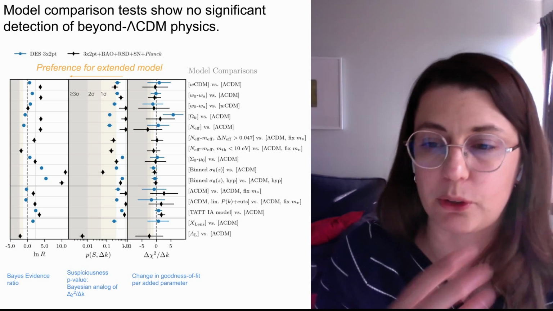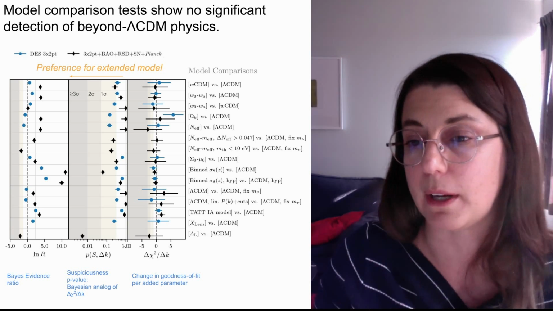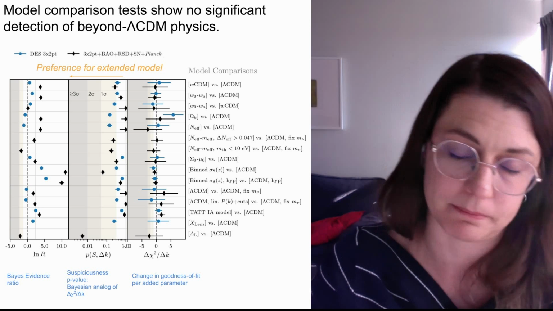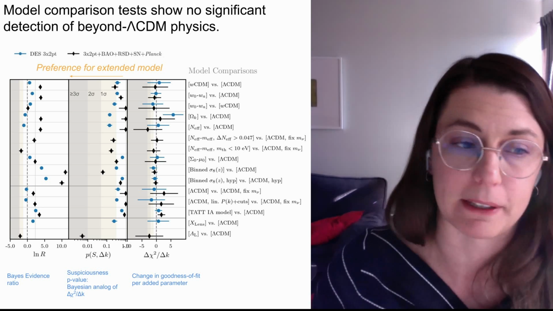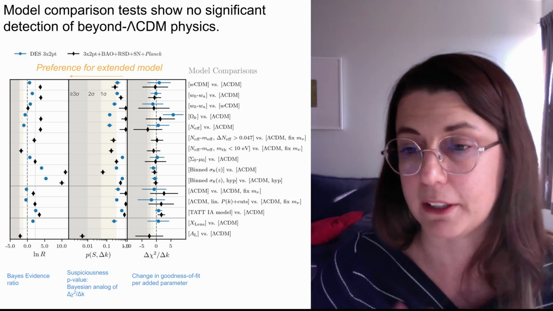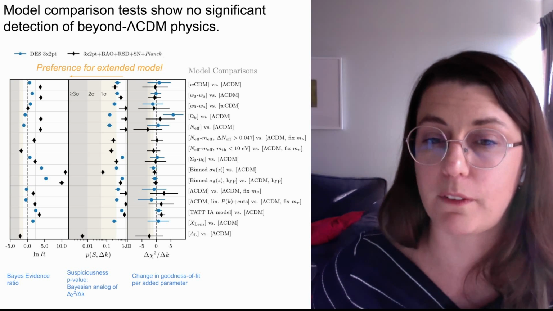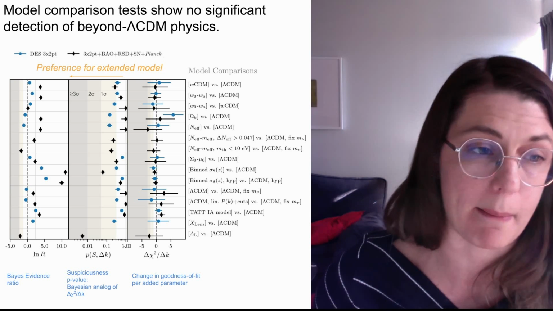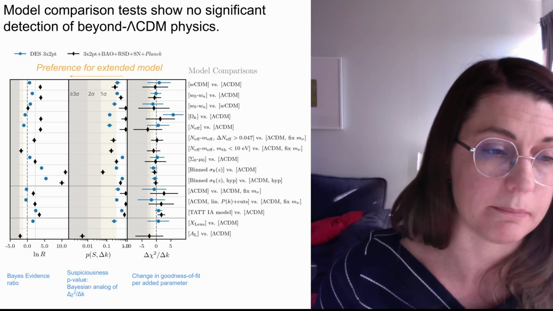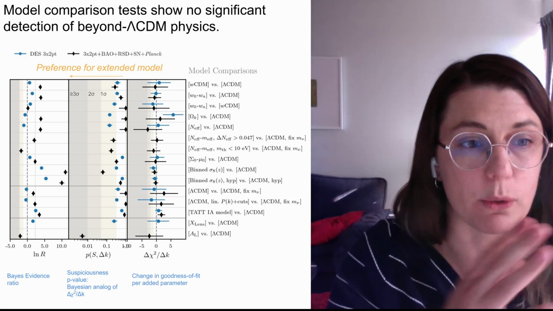There's a way to turn that into a tension probability or model comparison statistic, where smaller p-values mean more of a preference for adding the extra parameters. So that's the big overview of what this plot is showing.